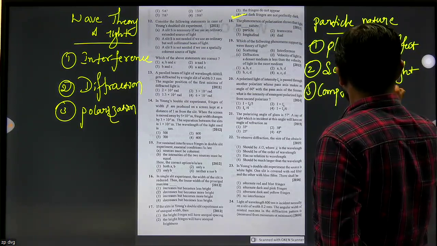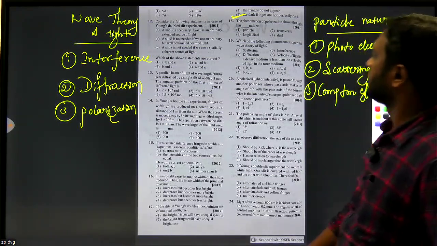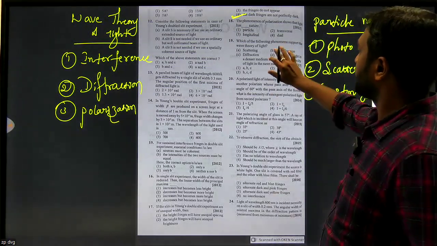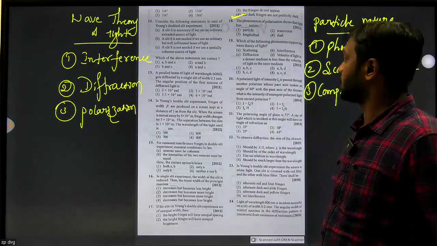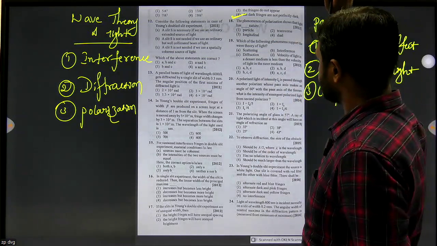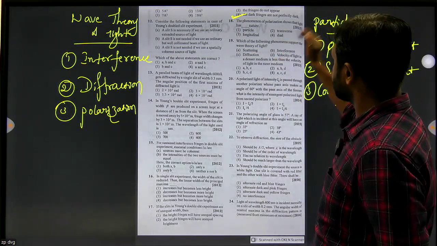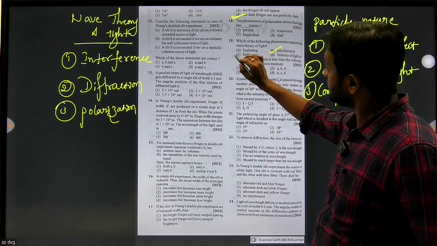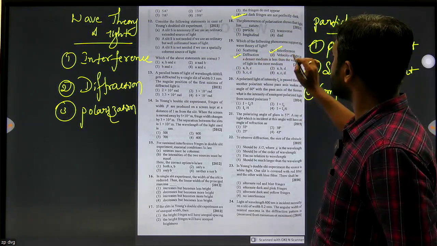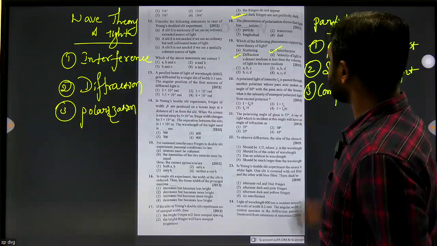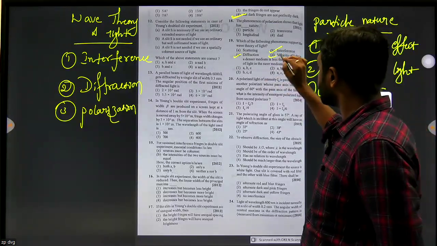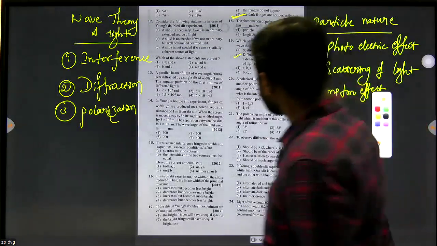Now the question is, which of the following phenomena support the wave theory of light? Option A, scattering. Is it correct? No. B, interference. Is it correct? Yes. Diffraction is also correct. And the velocity of light in a denser medium is less than in a rarer medium. This is also correct.